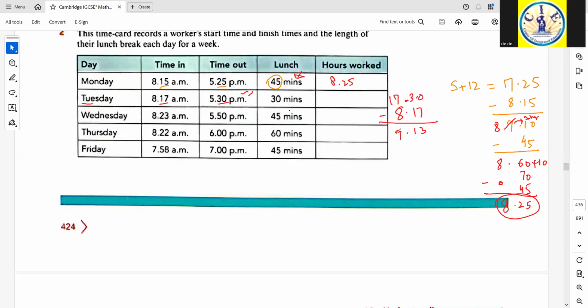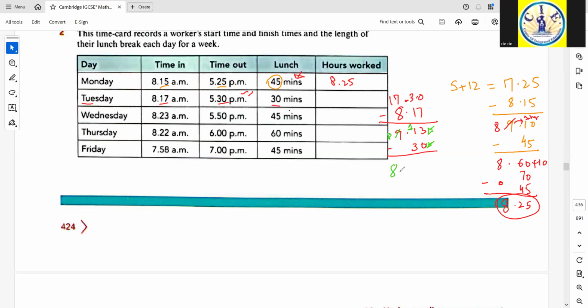9 hours and 13 minutes with a break of 30 minutes. So we need to subtract 30 minutes more from this working time. Again, we cannot subtract 30 minutes from 13 minutes. For that reason, we need to give a carry of 1 hour.